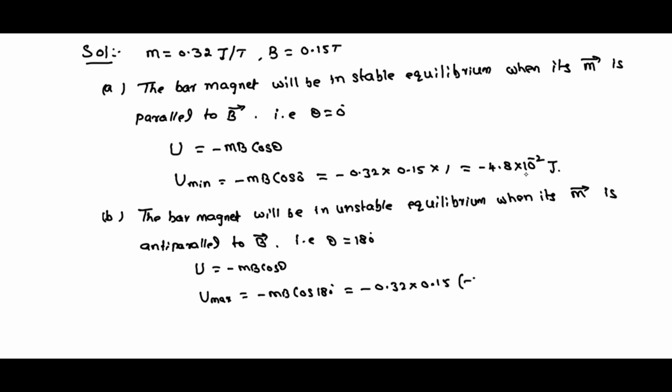Cos of 180 is nothing but minus 1. Its value will be plus 4.8 into 10 power minus 2 joule. So the condition along with orientation, energy also: energy should be minimum for stable equilibrium, and energy should be maximum for unstable equilibrium.